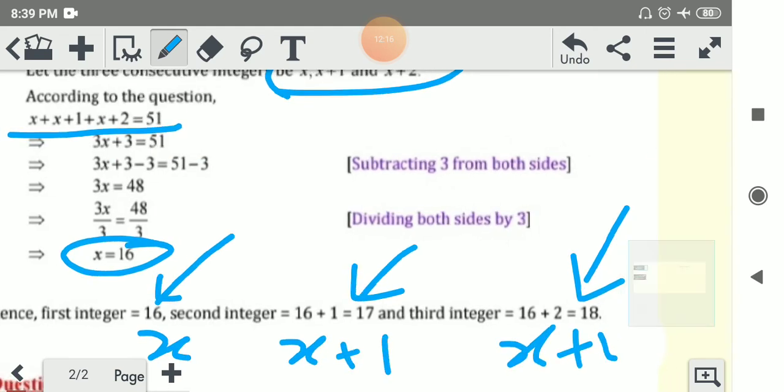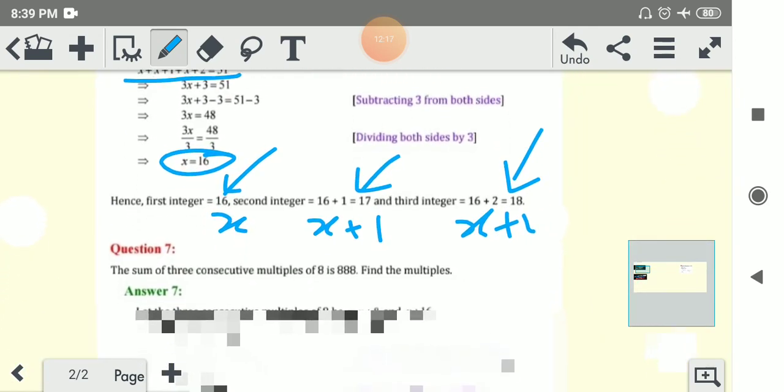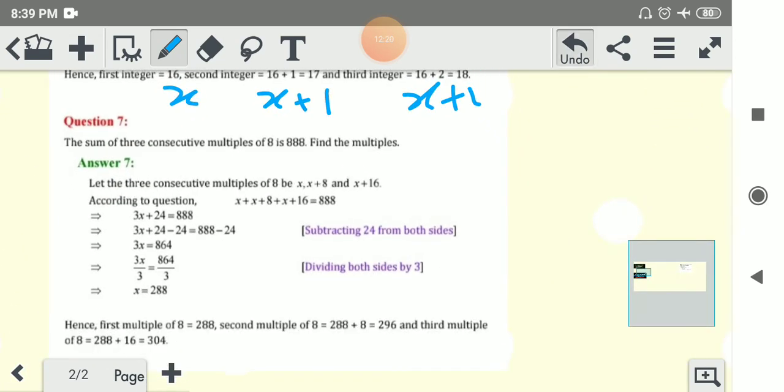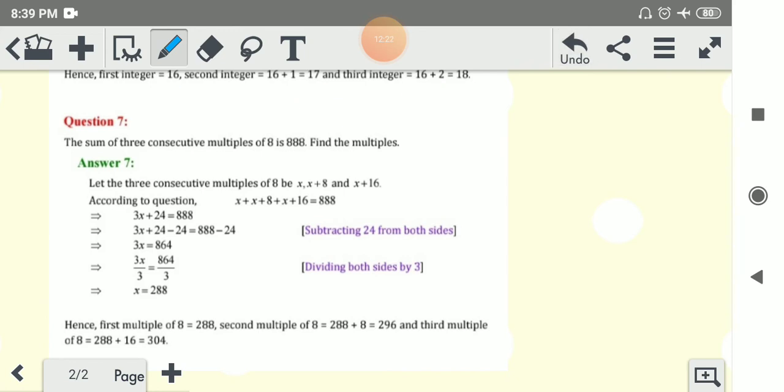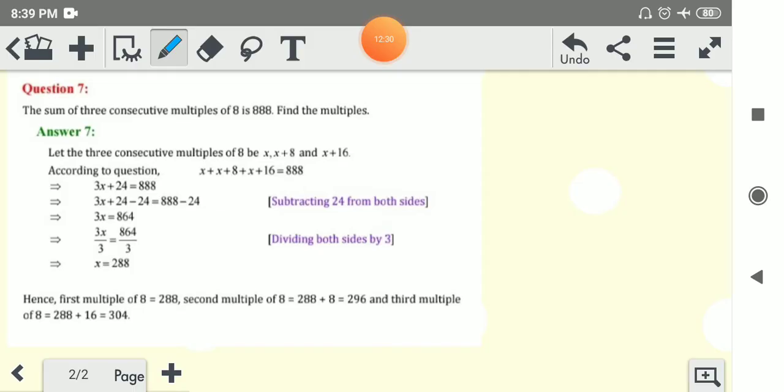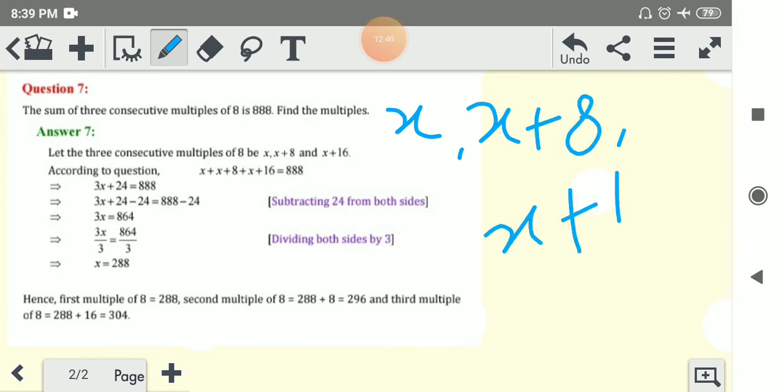Okay. Now question number 7. The sum of three consecutive multiples of 8 is 888. So the first number is x, the second multiple is x plus 8 and the third multiple is x plus 16, because they are multiples of 8.